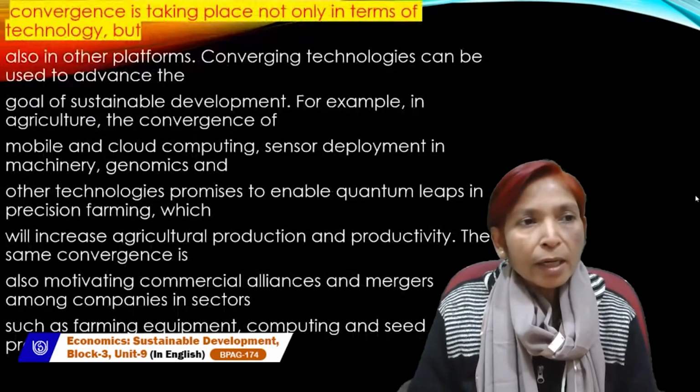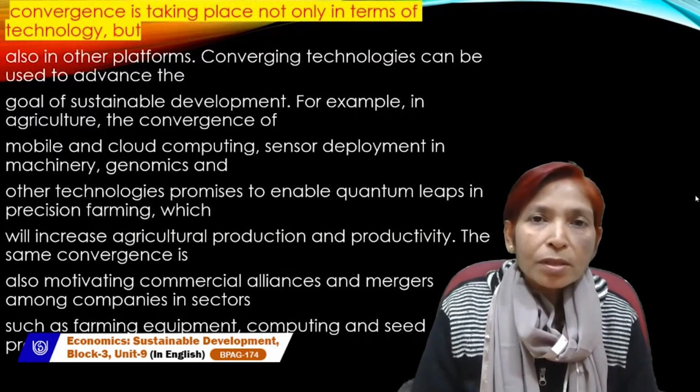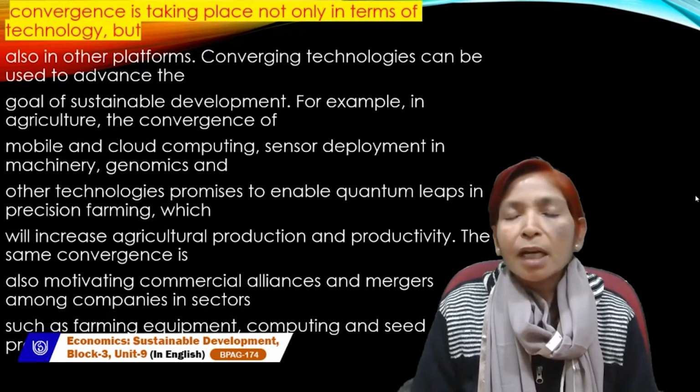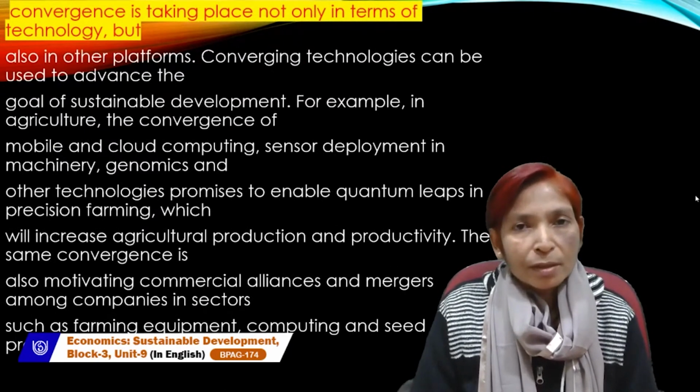And green technology should be used for securing environmental protection.